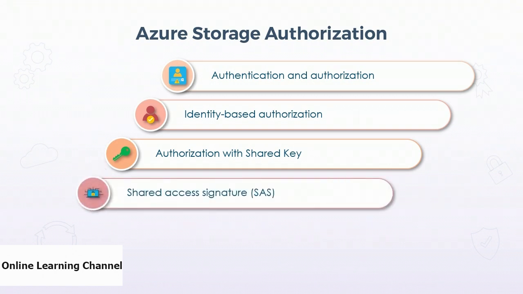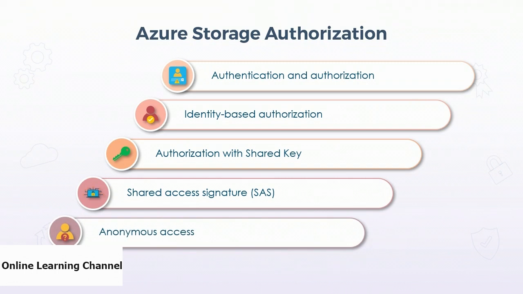Access to storage resources can also be granted via a shared access signature key, or SAS. A SAS can define restricted access, such as access that expires over time. And finally, in blob storage, there's the concept of making a blob container public, or in other words, granting anonymous access so anyone on the internet can access it. This is fine for some non-sensitive data, such as images that can be publicly distributed, but for most data, it's not feasible.